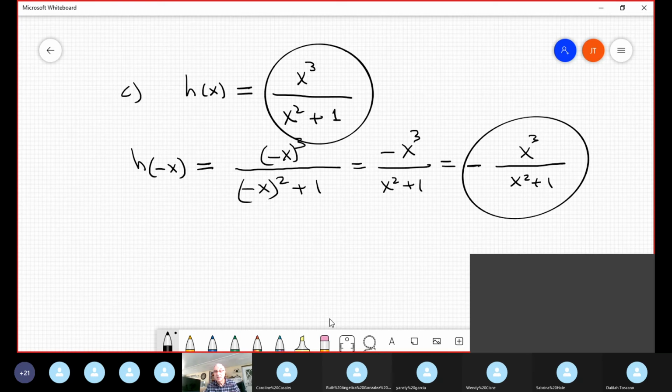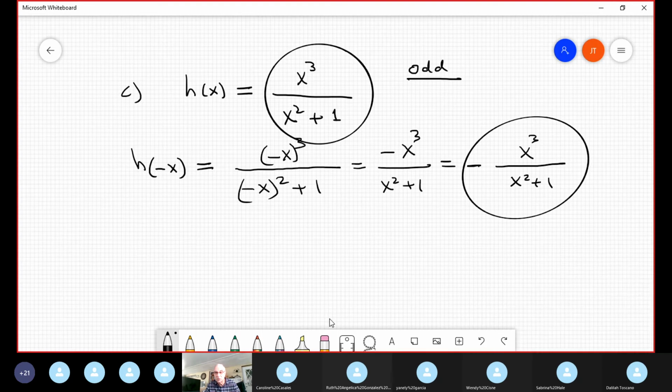Therefore the conclusion is this function is an odd function, because the final answer after the reflection has opposite sign to the original, because the original is supposed to be positive here. So I do not indicate it's positive, but before you understand it's positive.